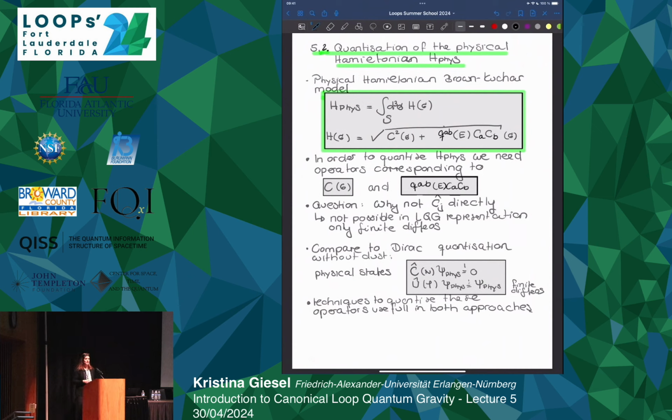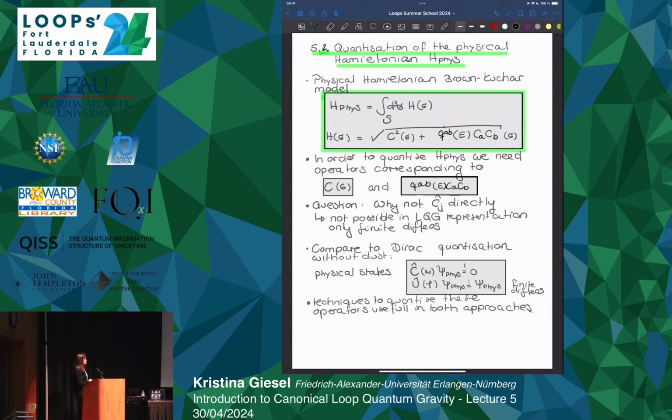Now you could ask why I'm not trying to quantize q inverse separately from the diffeomorphism constraint. And this is due to the fact that in the representation I'm working in, infinitesimal spatial diffeomorphisms cannot be promoted to operators. The only thing that we can do in this representation is to consider finite diffeomorphisms.